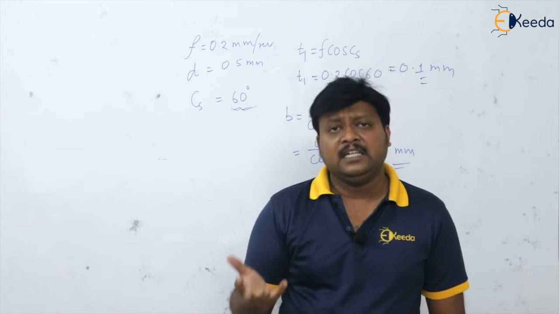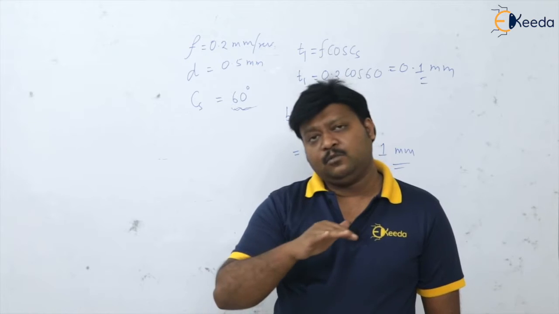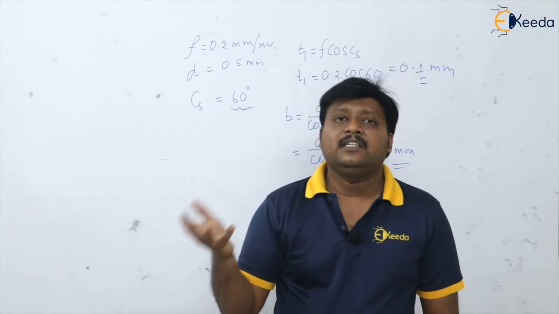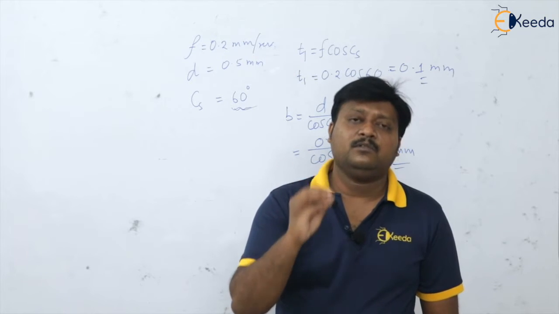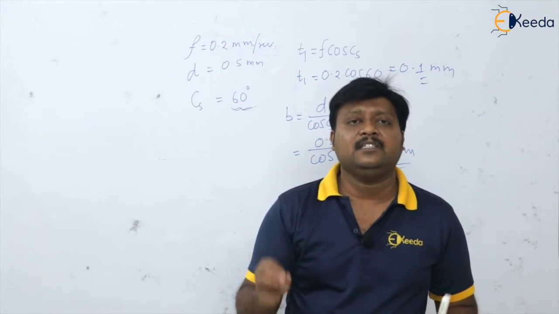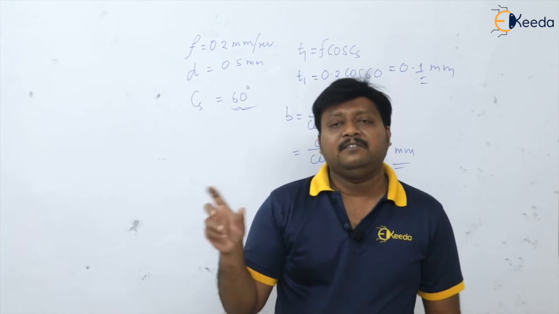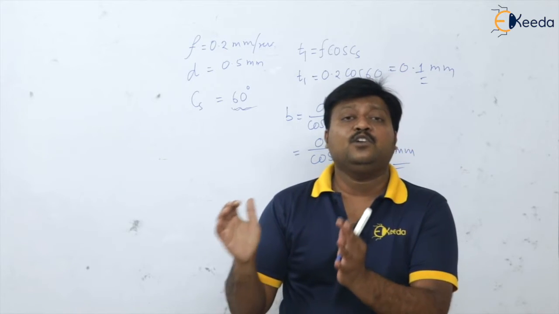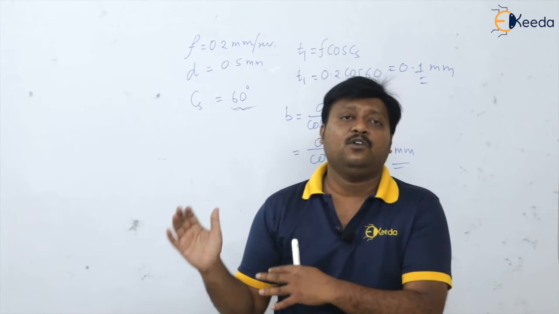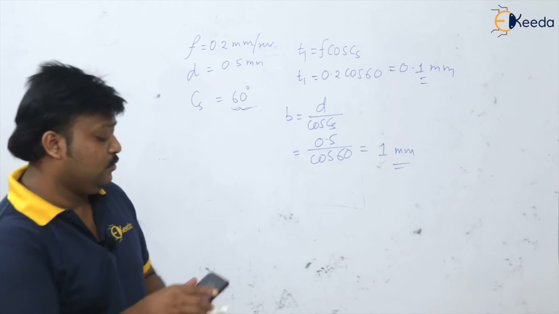ASA tool signature, okay. So many times only the tool signature is given, then generally it is taken as ASA, because in many places the ASA tool signature is used. If not, they will provide in brackets which kind of tool signature it is, whether it is ASA or ORS. Understood? Let us take the next question.